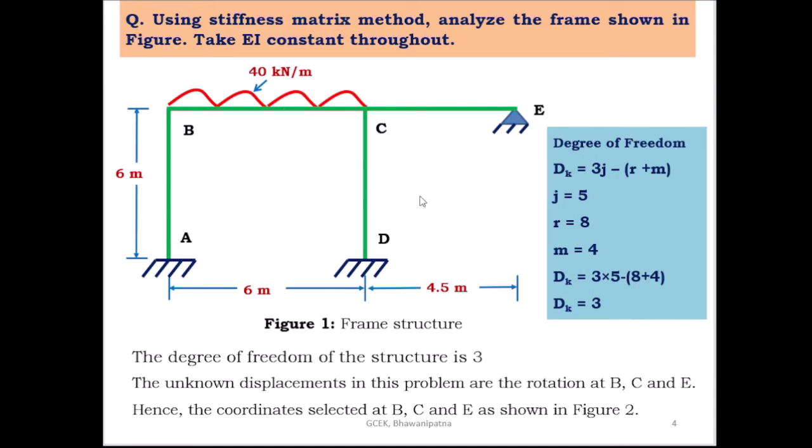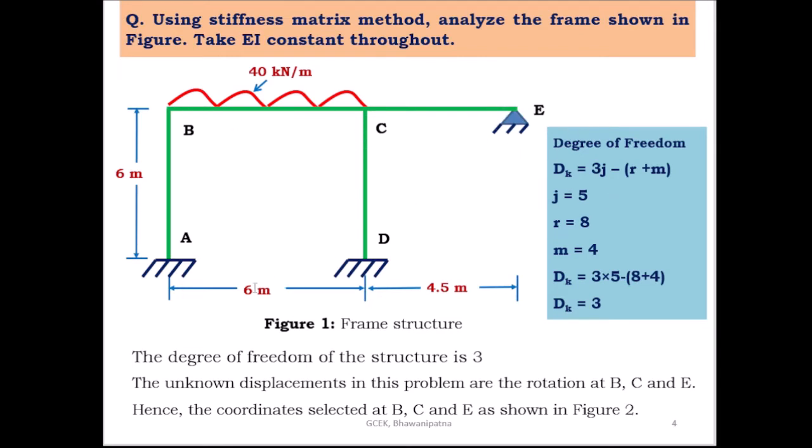So in this method, first you have to find out the degree of kinematic indeterminacy or degree of freedom. So you know the degree of kinematic indeterminacy formula: dk is equal to 3j minus r plus m, where j is the number of joints, r is the number of reaction components and m is the number of members. So in this problem, the number of joints j is equal to 5.